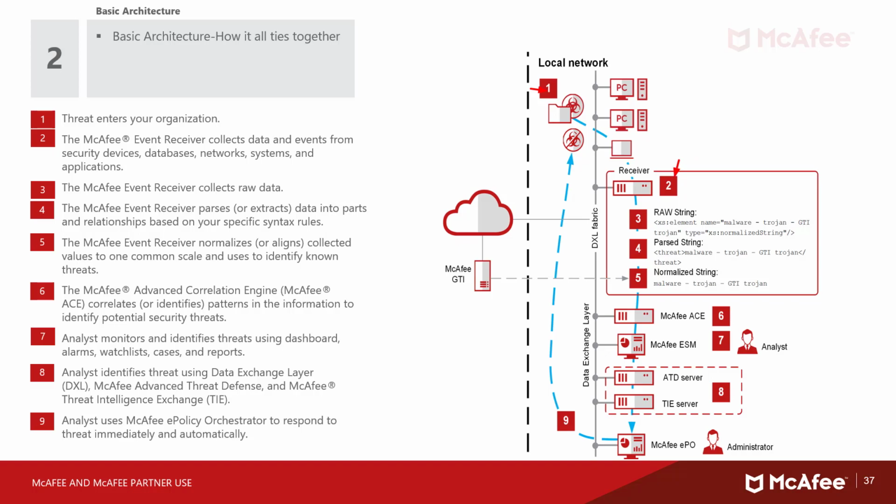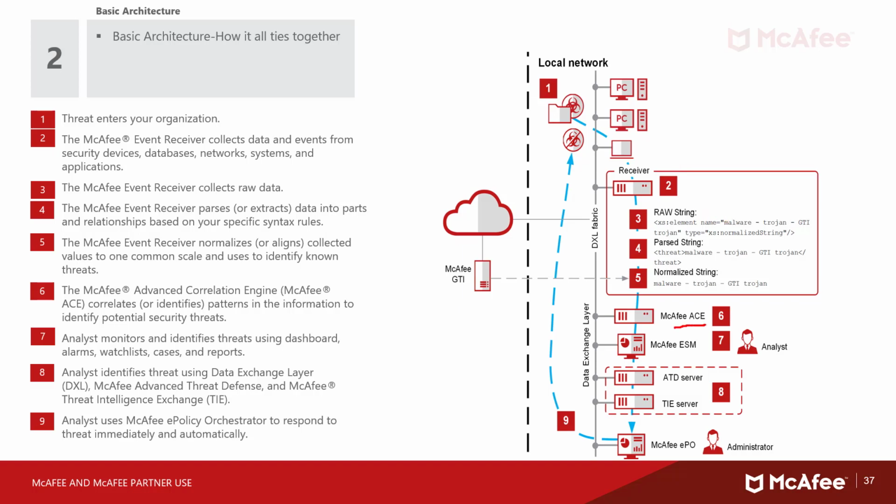Now the receiver takes that raw data string and separates it. For the parsed data, it begins to correlate, okay, it's malware, and then the normalized string that it's going to send to the ACE is going to say malware, Trojan, and then it sends it to ACE.